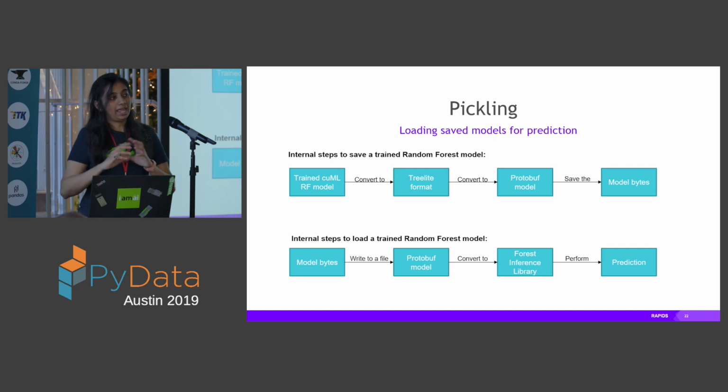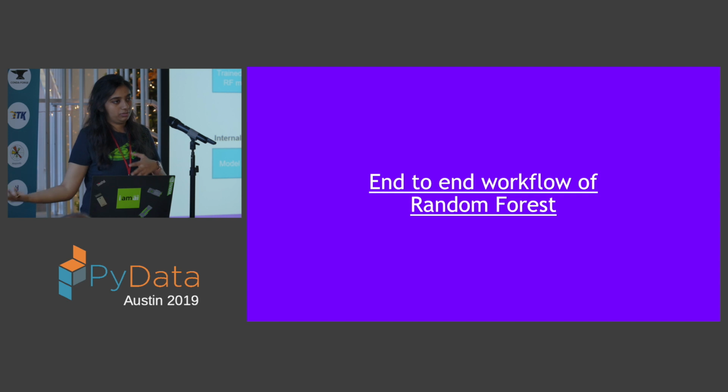Ultimately, these model bytes are what is saved. When you try to pickle your random forest from cuML, it reads these model bytes, and the model bytes are written to a file. Since it was initially a protobuf file, it is read as a protobuf format. Then, once the protobuf is read using the Treelite function, it's passed into the Forest Inference Library, which performs a prediction, and you get your results.